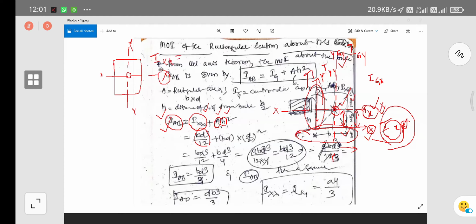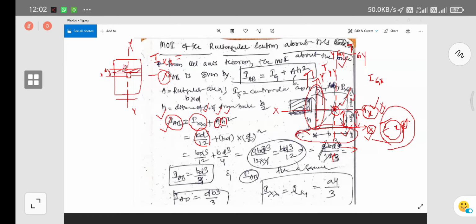To find the moment of inertia about Ixx, if you want to derive it, you have to consider a differential element. The differential element has length b, and along y I have considered dy as the thickness.